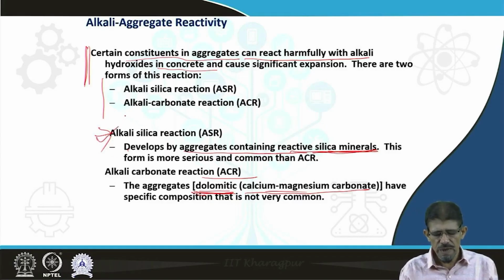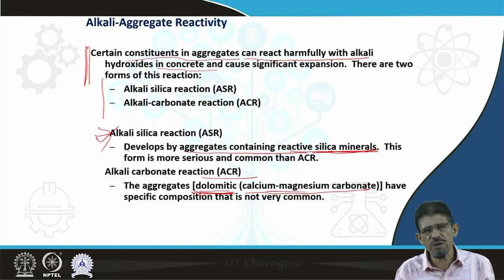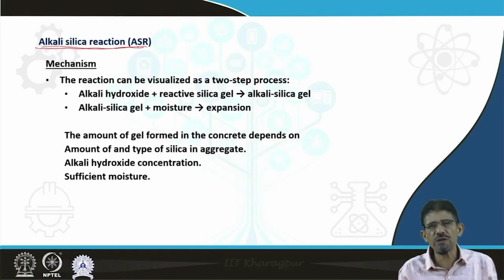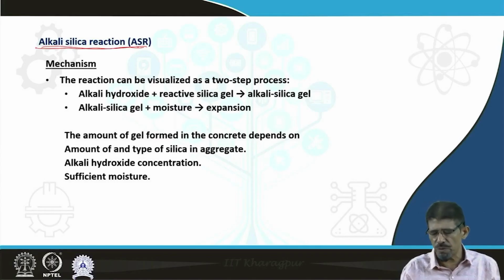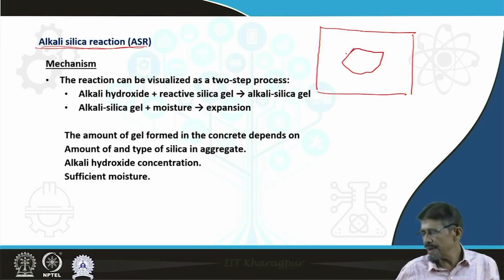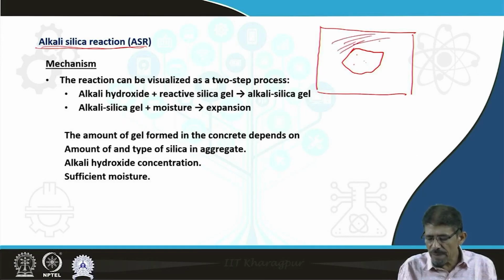First, alkali silica reaction, which has more impact. How is alkali silica reaction going to proceed? Very simple. Here I try to take the same example. This is aggregate containing amorphous silica or deformed silica, and this is the cement paste.